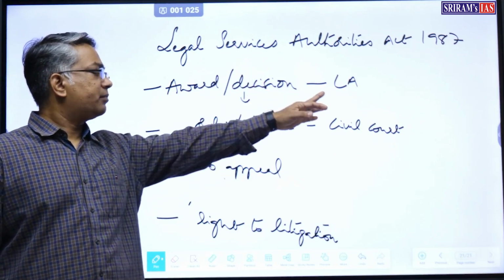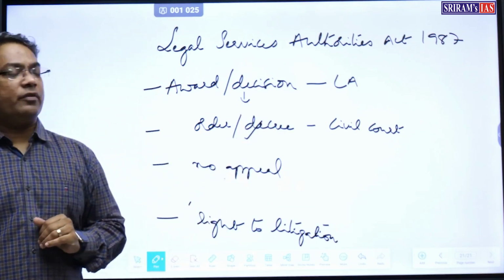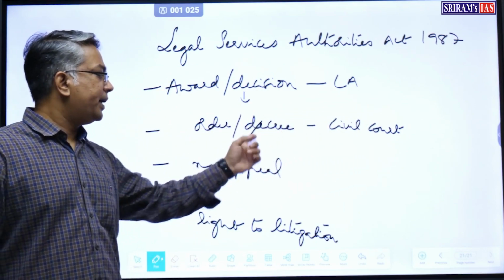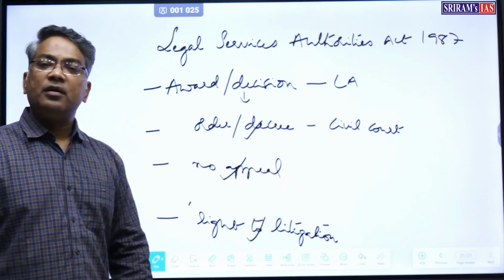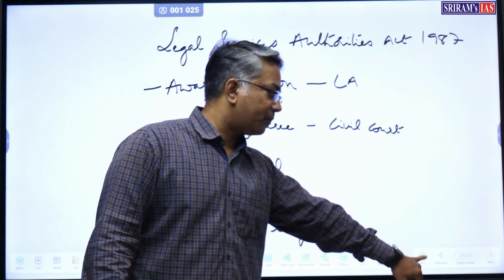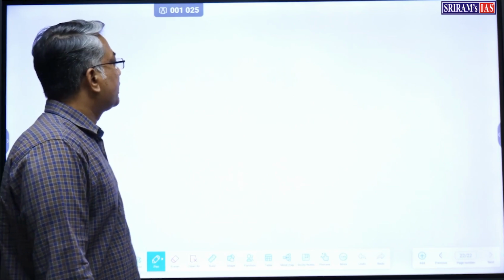Award and decision made by the Lok Adalat is deemed to be the order or decree of the civil court, which is final and binding on all the parties. No appeal against the award of the Lok Adalat, but they have the right to litigate. If they are not satisfied, they can approach the court of appropriate jurisdiction and file the case.